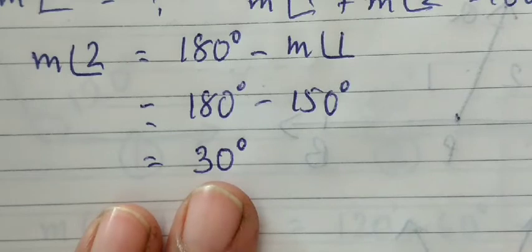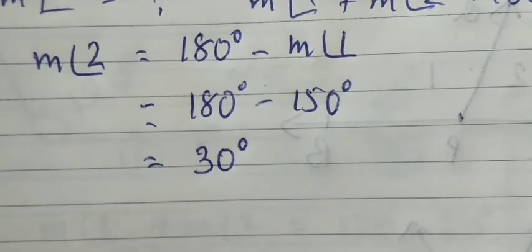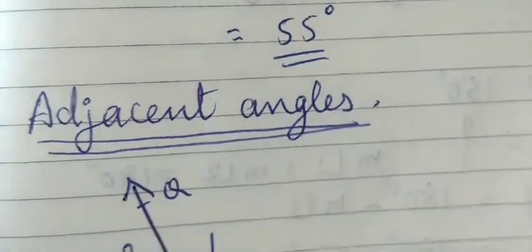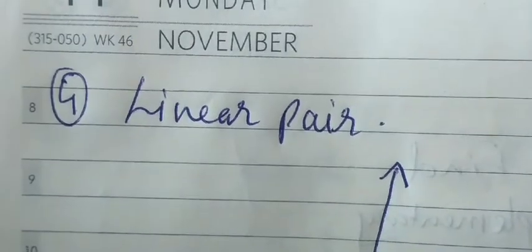Is that clear to you? Today we have studied about adjacent angles and we have also studied about linear pair. Understood?